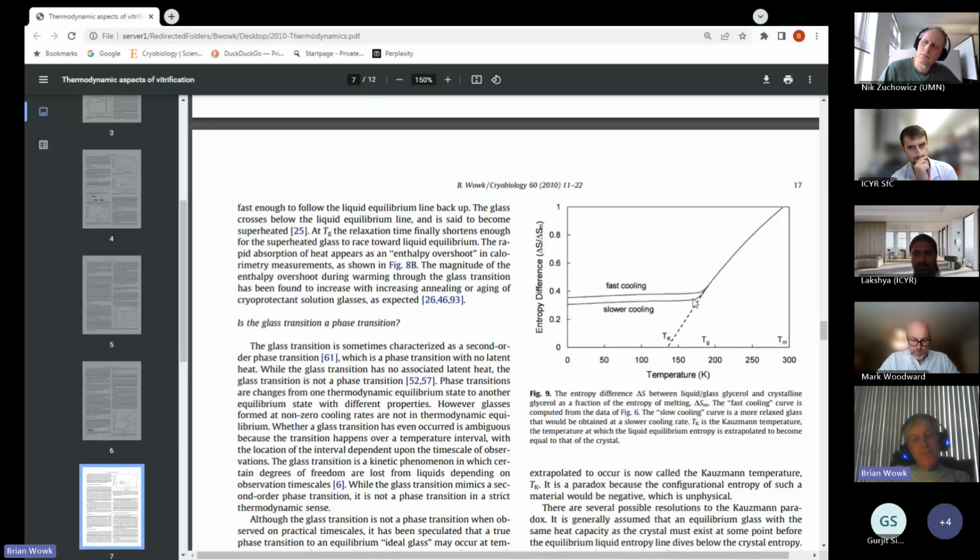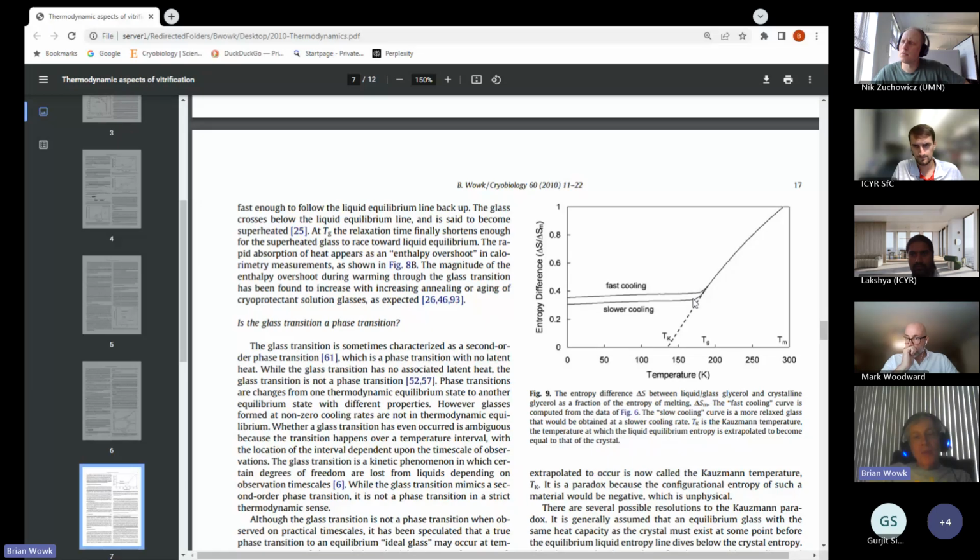And this is why the glass transition is not actually a formal thermodynamic phase transition, because the definition of a thermodynamic phase transition is a transition between two equilibrium thermodynamic states. But a glass is not actually an equilibrium state, because as you're cooling, these molecules are moving around, and they're configurationally trying to figure out different ways to give up heat.